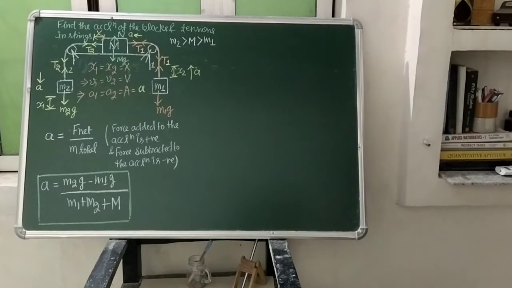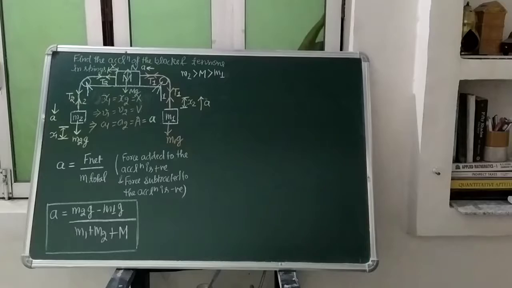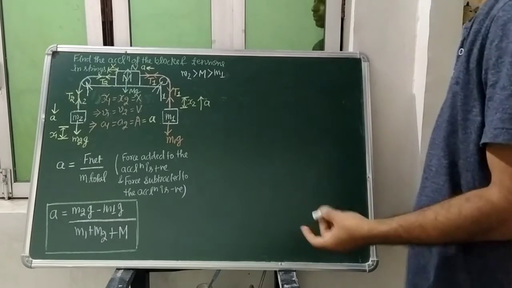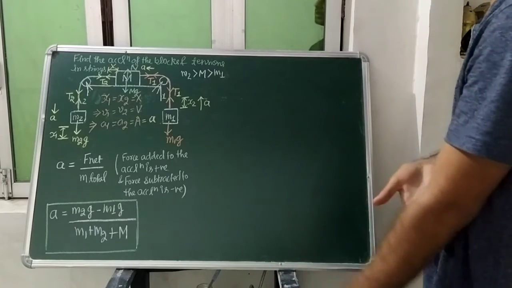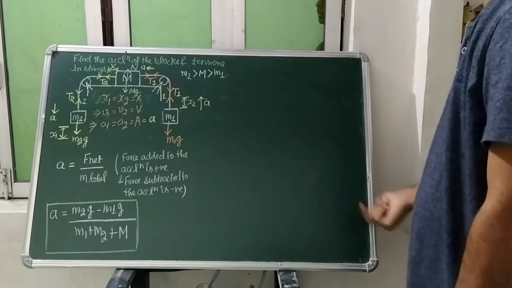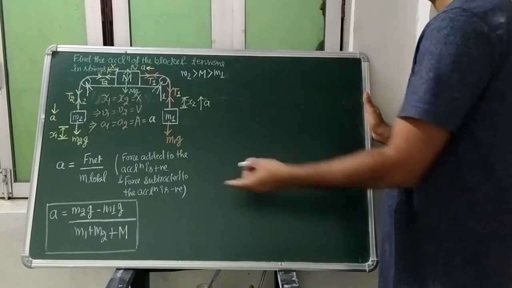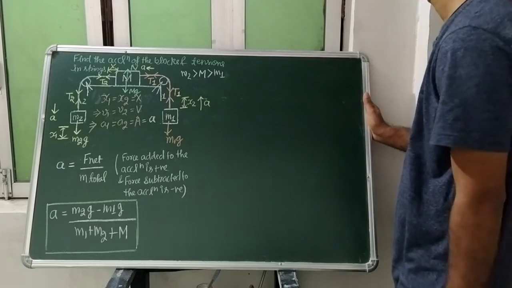Write it straight. So students, once we know the expression of acceleration, and you are looking that the same acceleration is present in the system, we can write the expression directly.